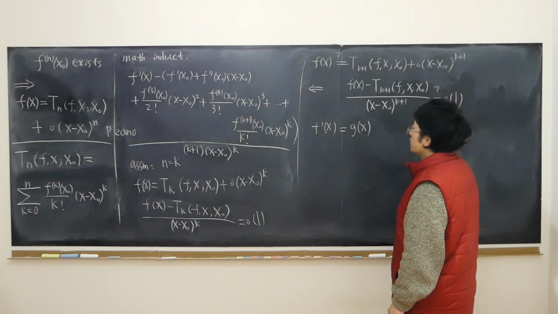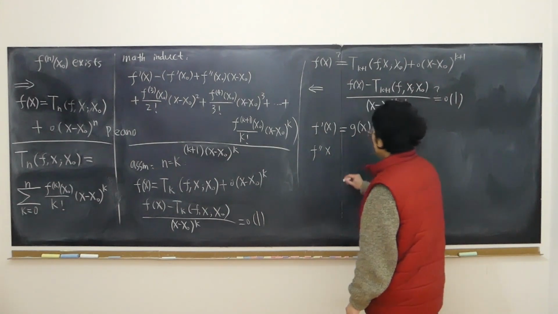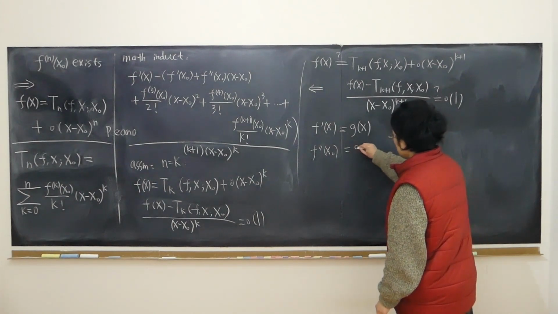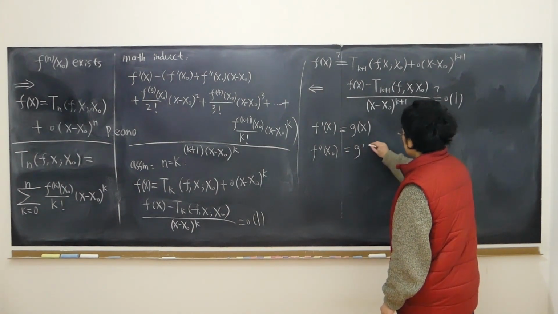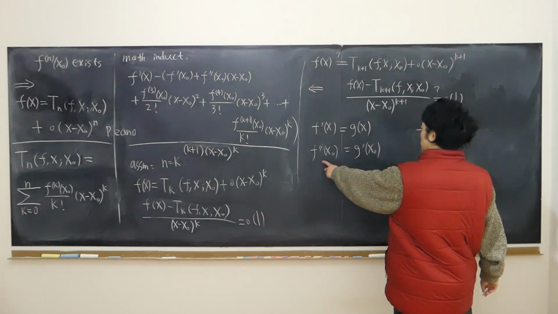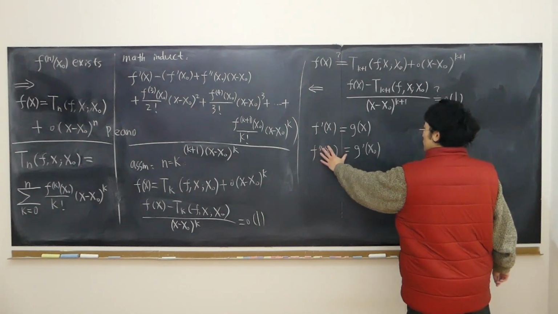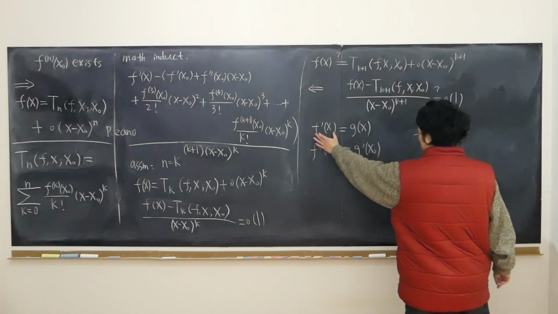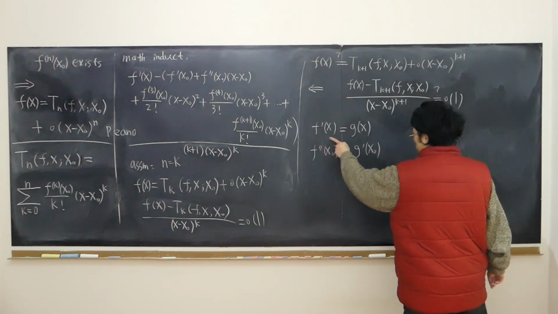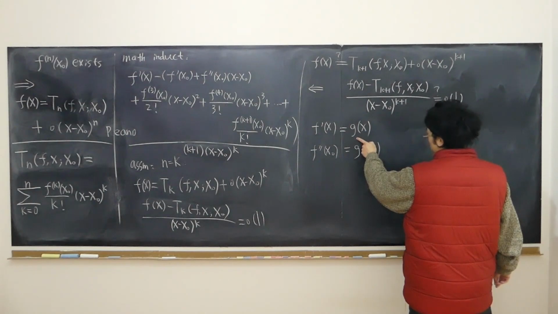So in other words, f double dash of x naught is equal to g dash of x naught. Because this is the second order derivative at x naught, I just have to differentiate both sides. Differentiate this side, I have the second order derivative of f. Differentiate this side, I have the first derivative of g.